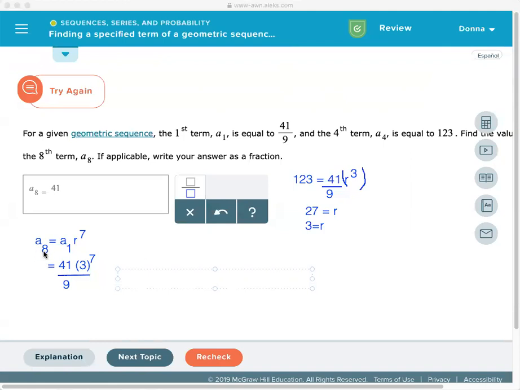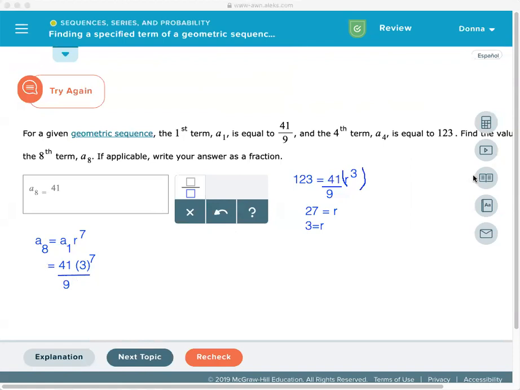So I have A8 is equal to A1 times r to the 7th. So I replace A1 with 41/9. I'm not sure why I have this long expression here. I'm not sure what I did there. Oh well, anyway, 41/9, but that's okay.